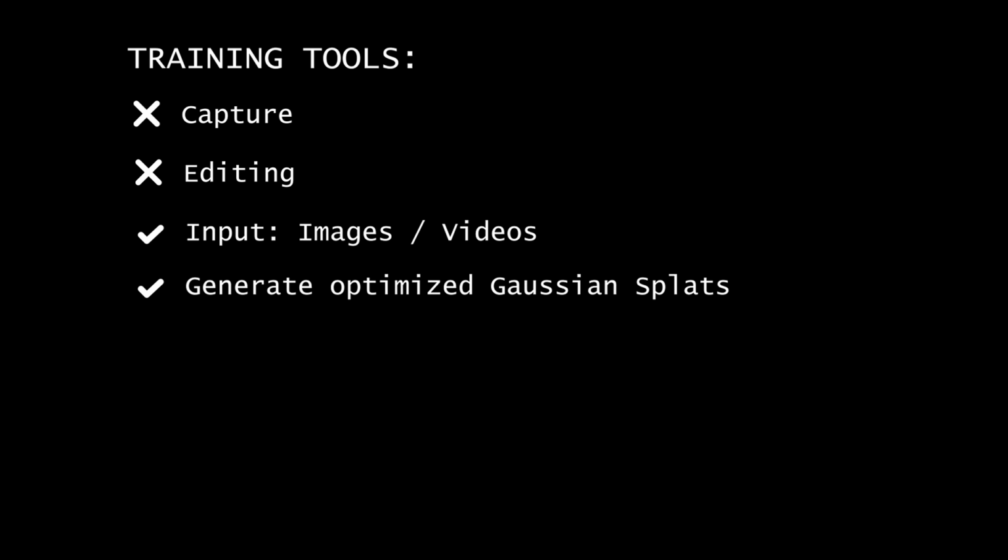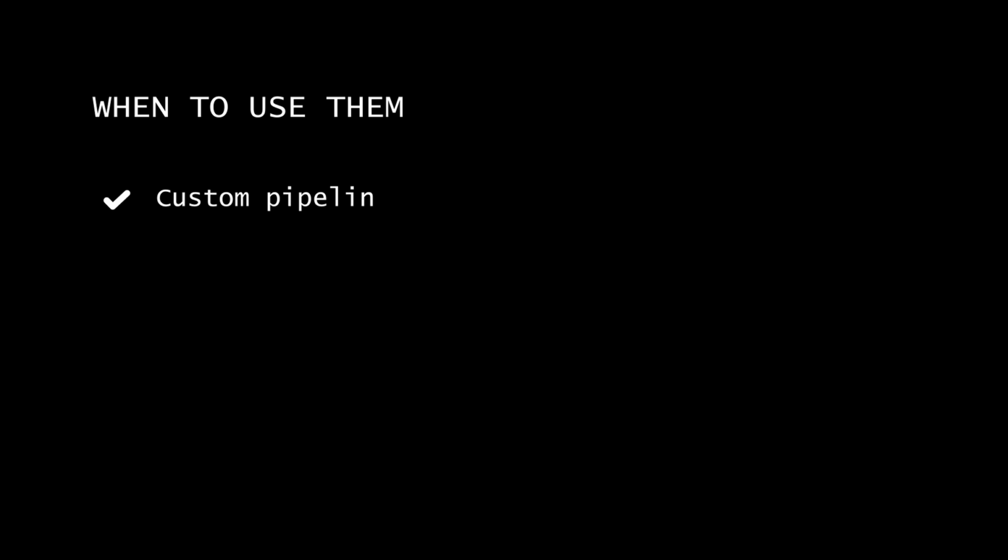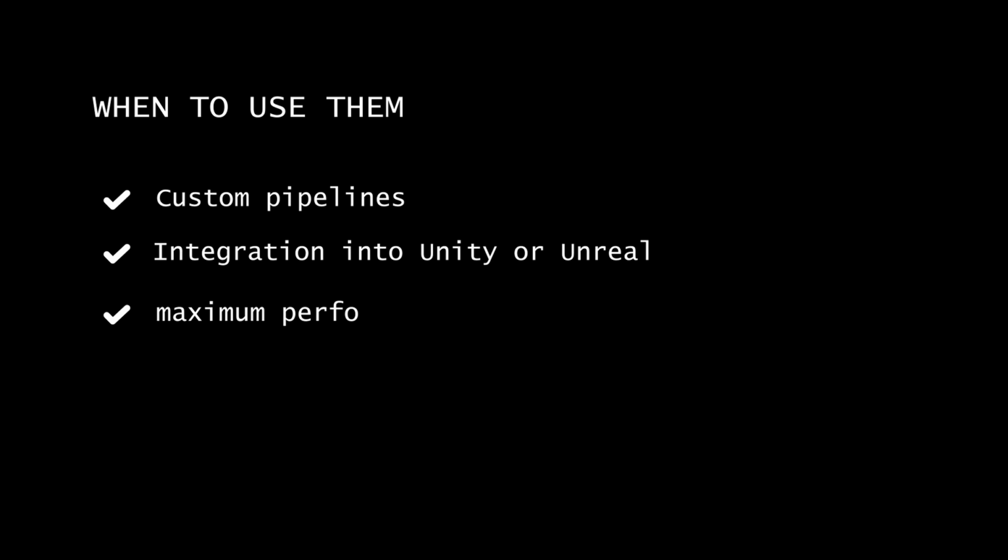So they optimize Gaussian parameters, and they reconstruct the scenes from images, but also videos in some cases. And the output will be a file in the format of .splat or .ply. You can use them when you want custom pipelines, integration into Unity or Unreal, and maximum performance or research flexibility.